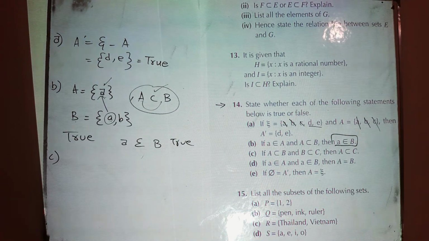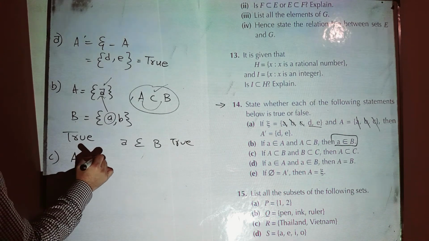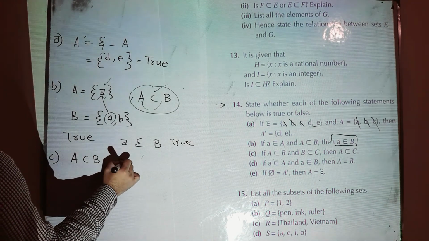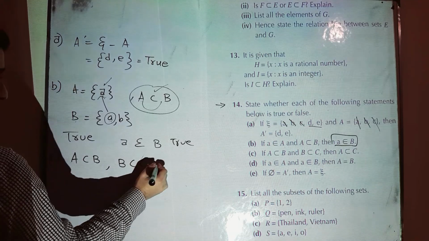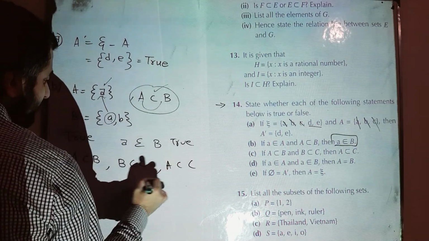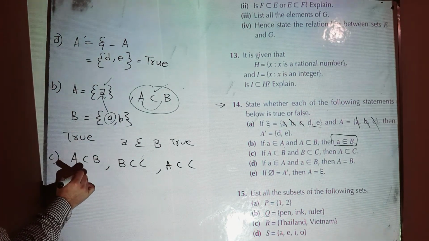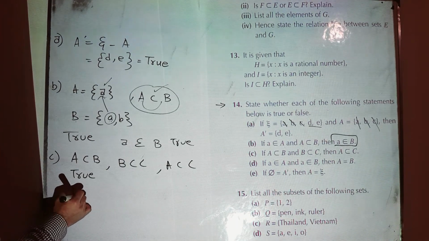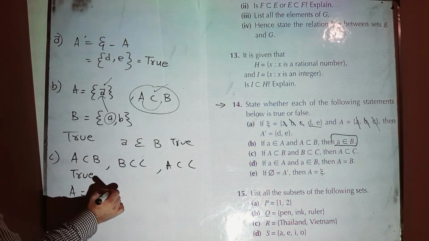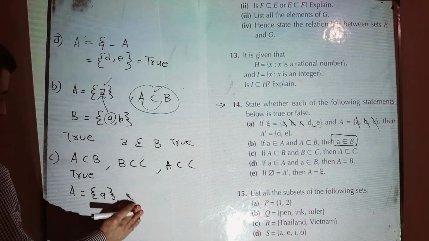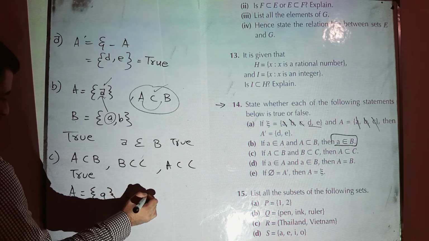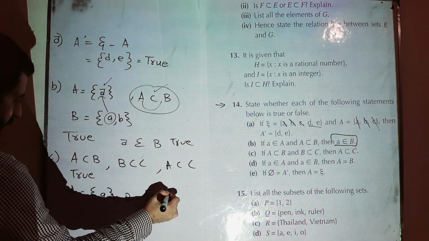This is part number C. Now if A is a proper subset of B, well, fine, B is a proper subset of C, then A is a subset of C. Well, that is true. How? Now let A be this one, let B be this, and let C be this.